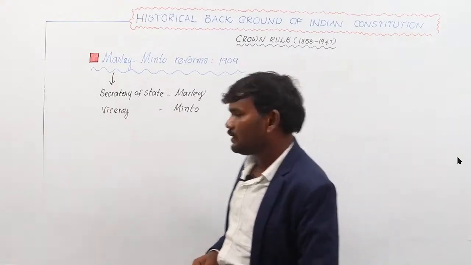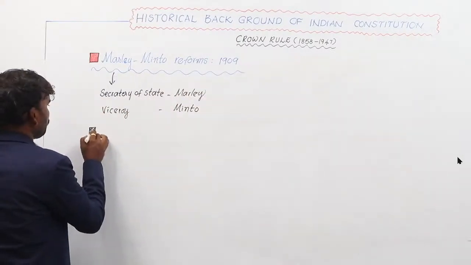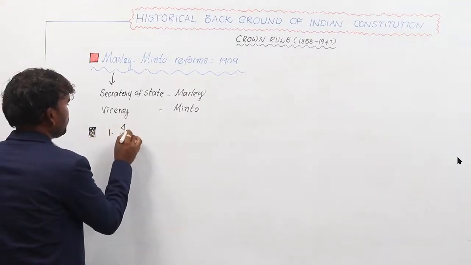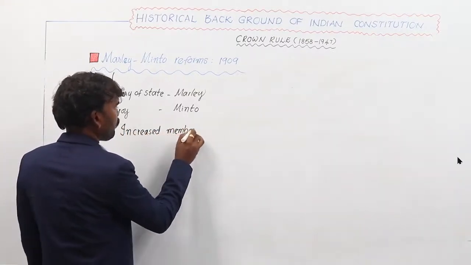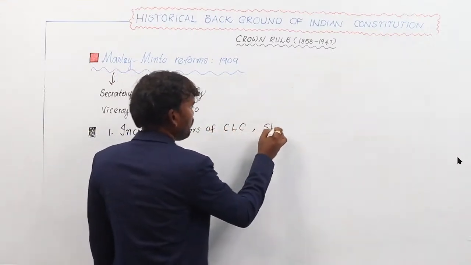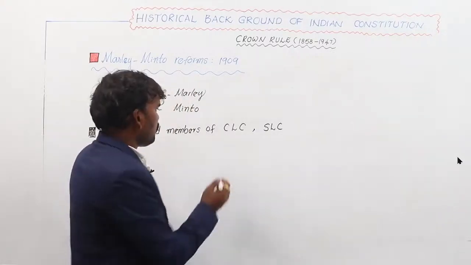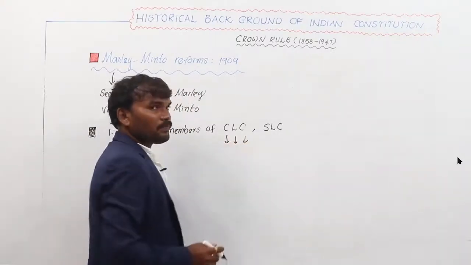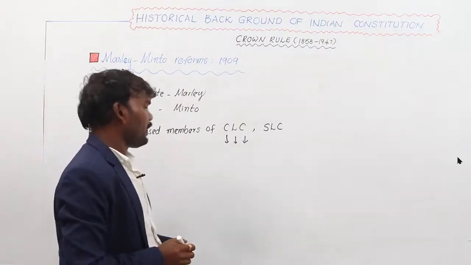Marley-Minto Reforms 1909. The salient features of this act. Number one, it increased the members of the Central Legislative Council and State Legislative Council. CLC and SLC are different, you should know. The Central Legislative Council acts as a mini parliament at the federal, central level.